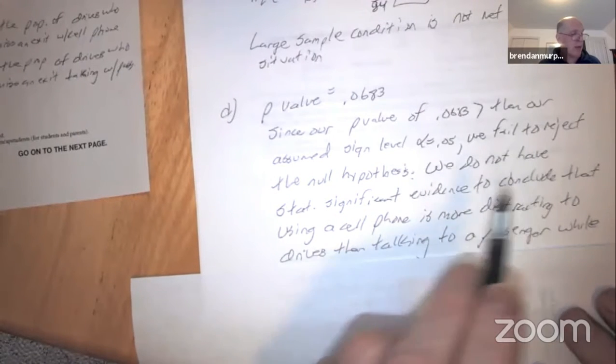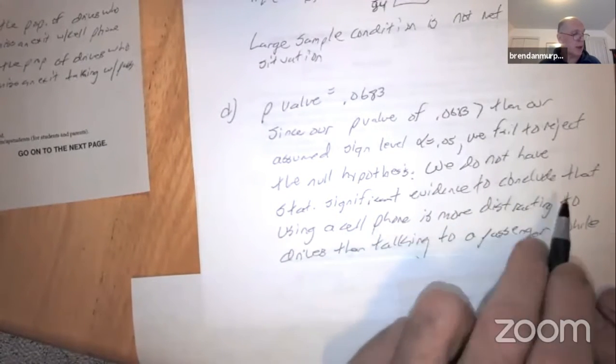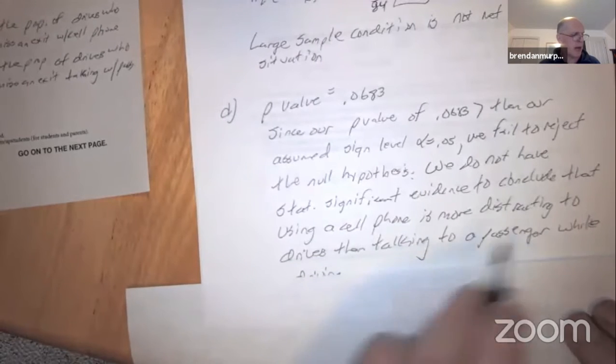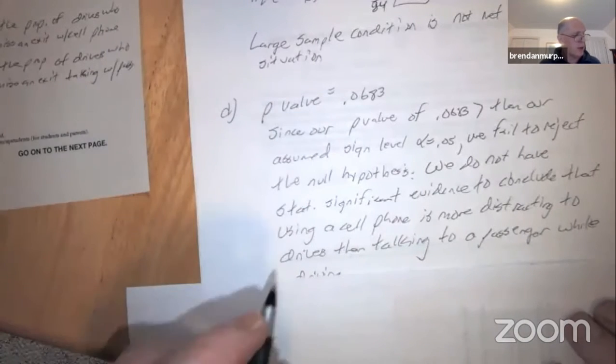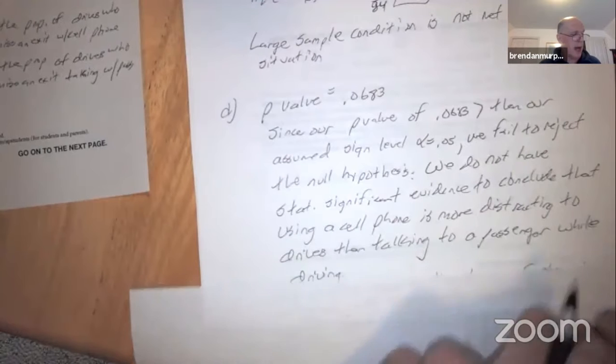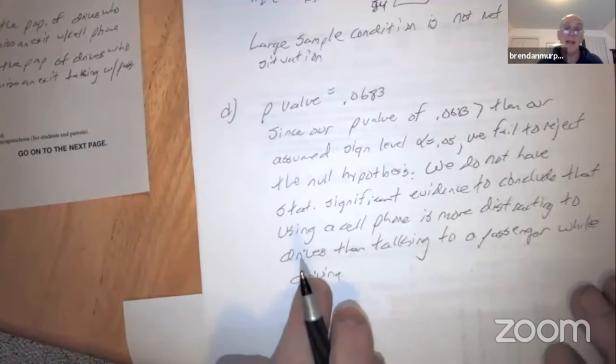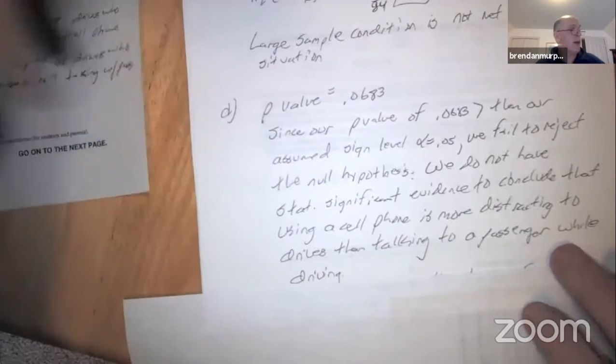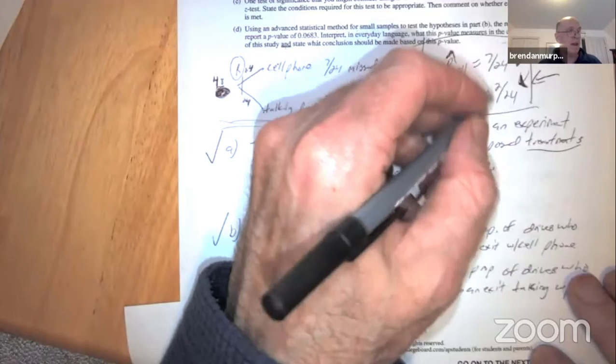We do not have statistically significant evidence to conclude that using a cell phone is more distracting to drivers than talking to a passenger while driving. That's actually not what my gut said. I think way back at the beginning, I said, boy, this number here was almost 3 times that number there.